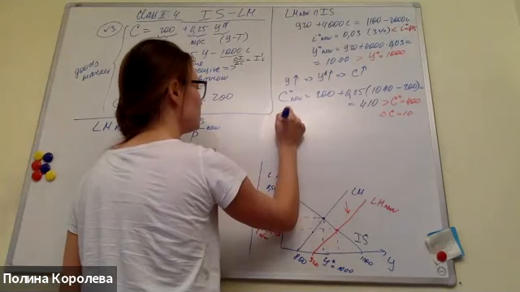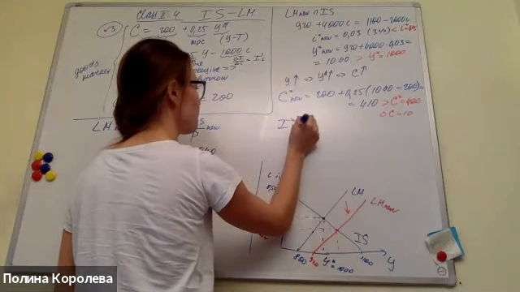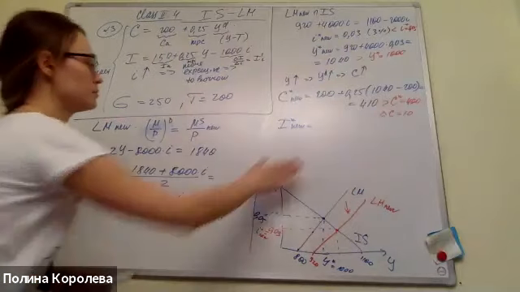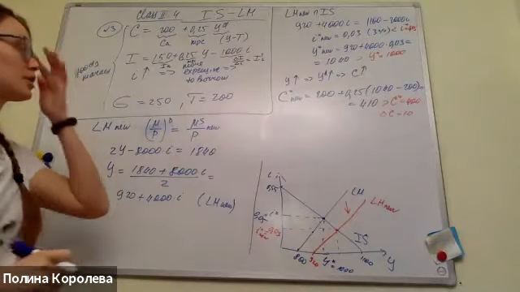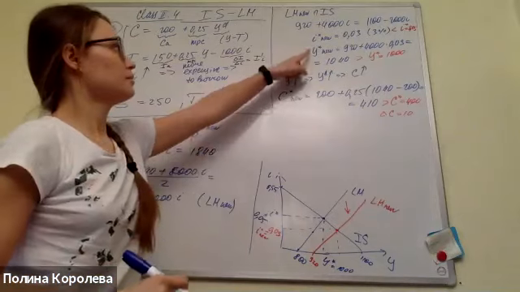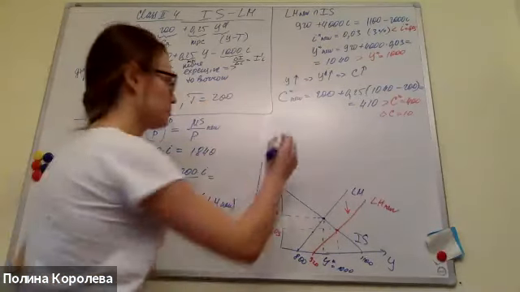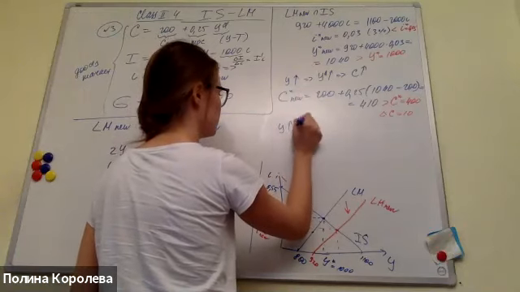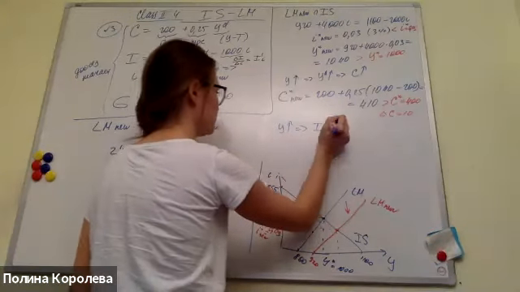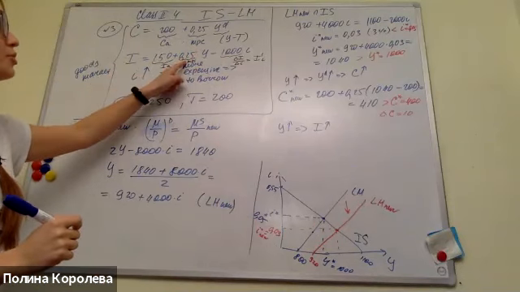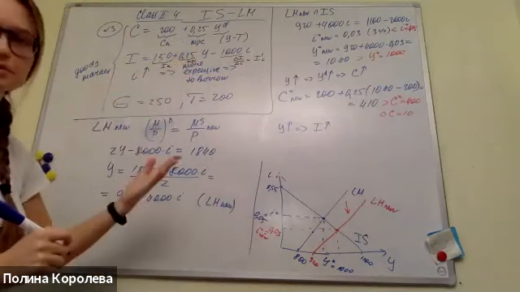Then the new level of investments. Put in our new interest rate. No, before this, let's check. GDP increased, so investments will increase. Investors want to invest more because the marginal propensity to invest is positive.